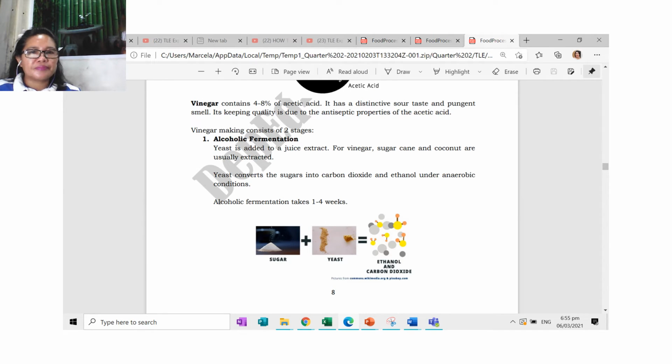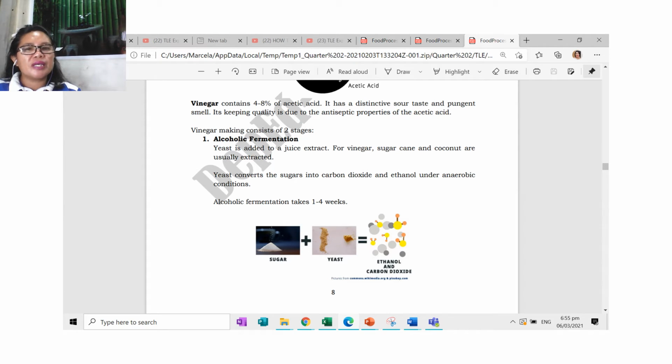So the vinegar contains 4 to 8% of the acetic acid. It has a distinctive sour taste and pungent smell. Its keeping quality is due to the antiseptic properties of the acetic acid.